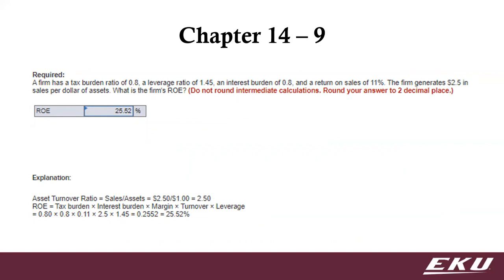Okay, and again, you see the formula down below for ROE, my return on equity. Basically, I'm going to calculate my return, and then the margin, turnover, leverage.